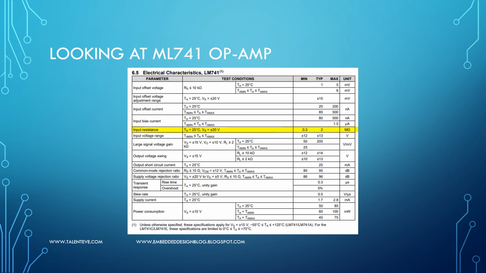Now this is a simple snapshot from the 741 op amp. We have said that the input resistance of the op amp is very high, in megohms. You can see here the typical value of 2 megohms, so it can go to a maximum more than that as well.